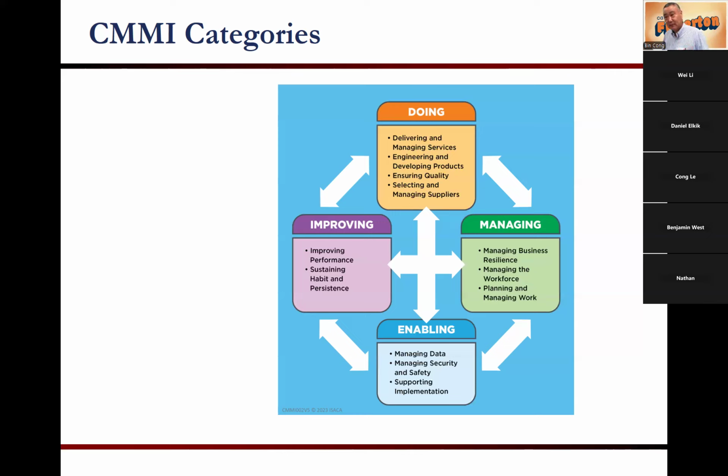Think about it: doing, managing, enabling, and improving. 4 categories. So you want to build a good career, you want to build a good team, you want to build a good project, you want to build a great organization. Those are the 4 categories you have to consider.